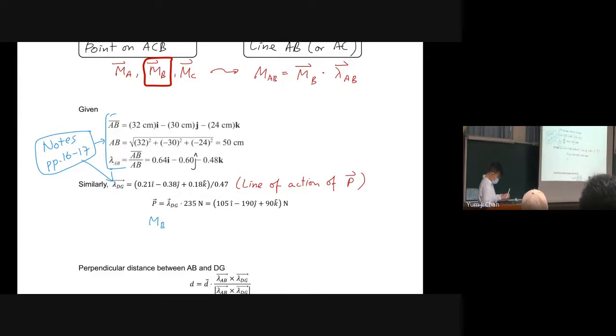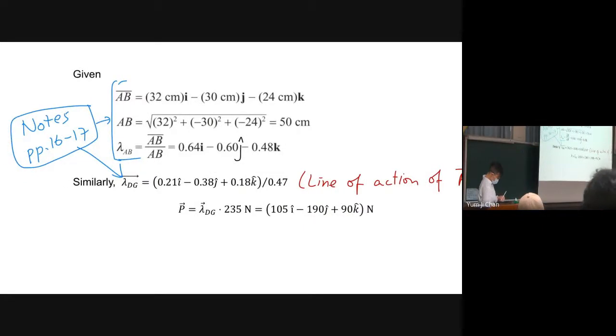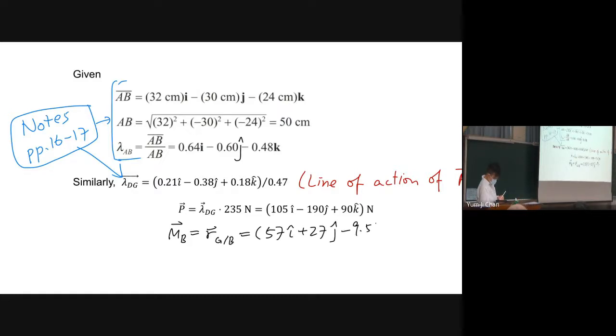MB is equal to RG with respect to B cross P, which is equal to 57i plus 27j plus 9.5k Newton meter.